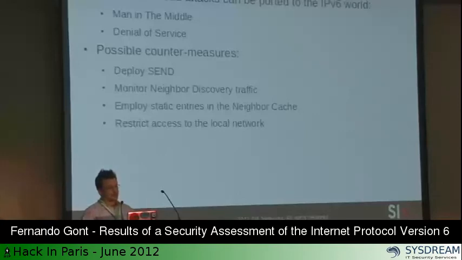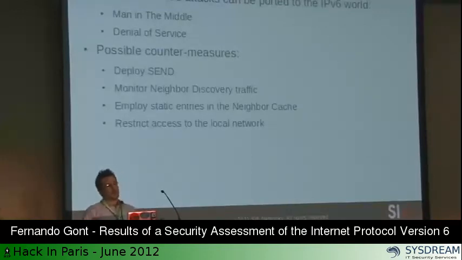One of them is to deploy SEND. SEND is a very complex technology that essentially tries to incorporate authentication in neighbor discovery. It's a way to actually sign every neighbor solicitation and neighbor advertisement message. You can use RSA signatures and so on.